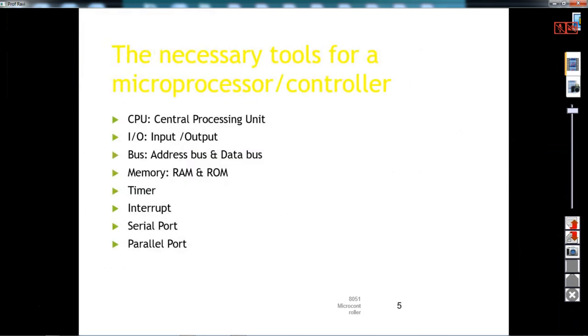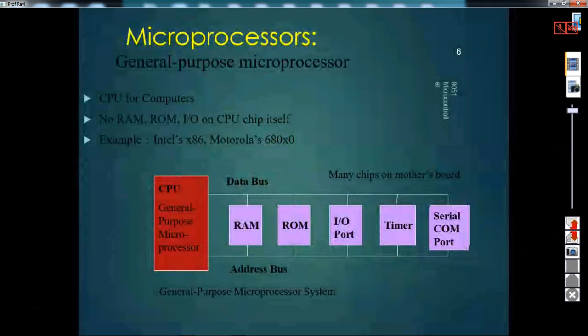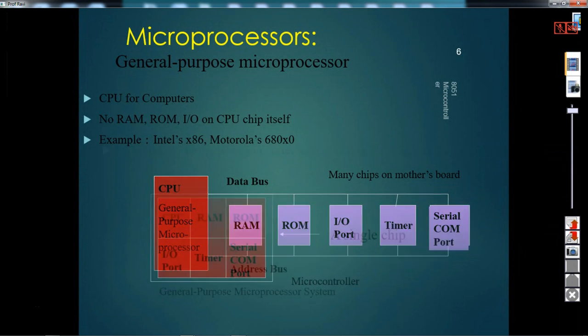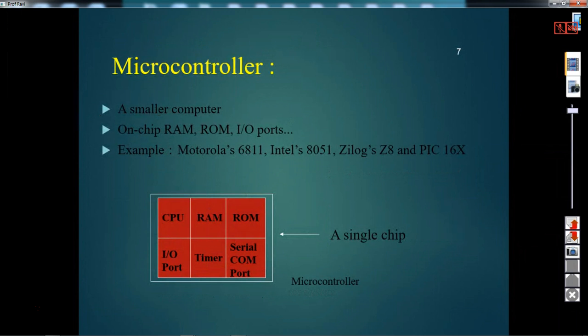The necessary blocks for a microprocessor controller are CPU, I/O, timer, interrupt, serial ports, and parallel ports. In a microprocessor system, we are interfacing RAM, ROM, I/O ports, timer, and special ports, whereas in a microcontroller, everything is inbuilt. That's what we discussed up to now.